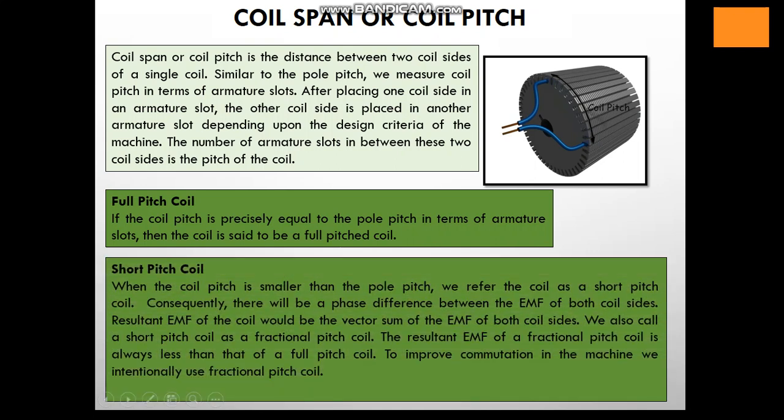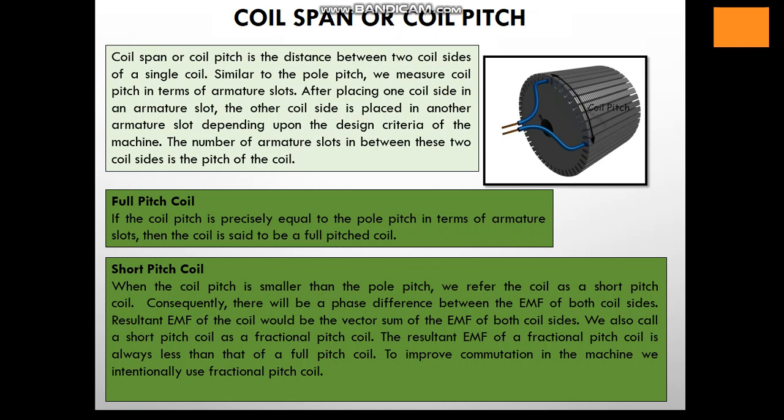The second type of coil pitch is short pitch. When the coil span is smaller than the full pitch, we refer to the coil as a short pitch coil. Consequently, there will be a phase difference between the EMF of both coil sides. The resultant EMF of the coil would be the vector sum of the EMF of both coil sides.